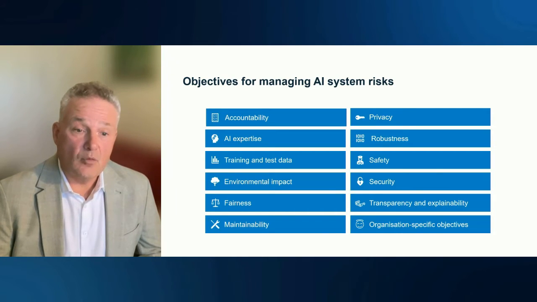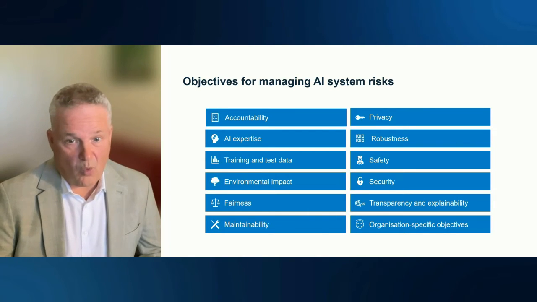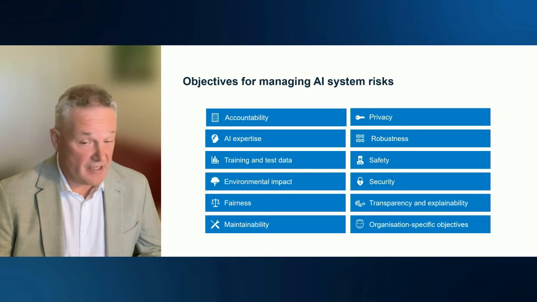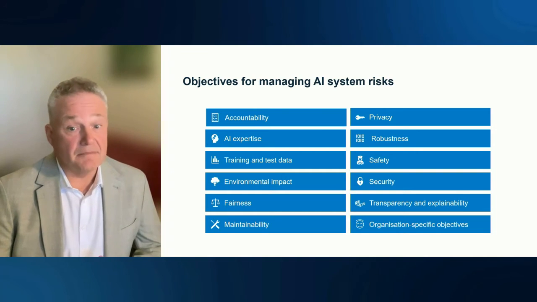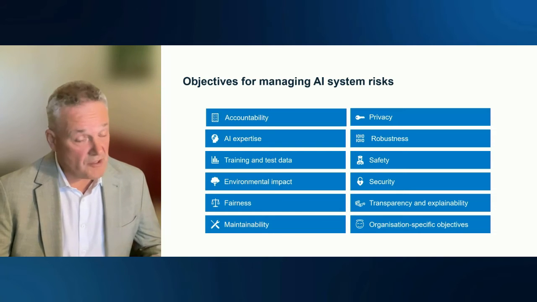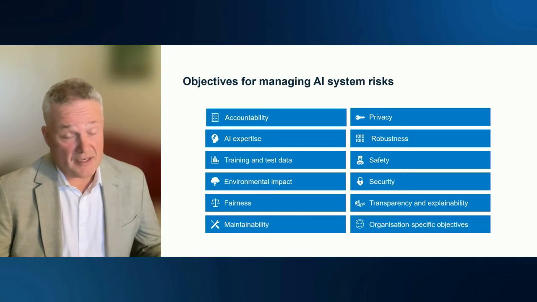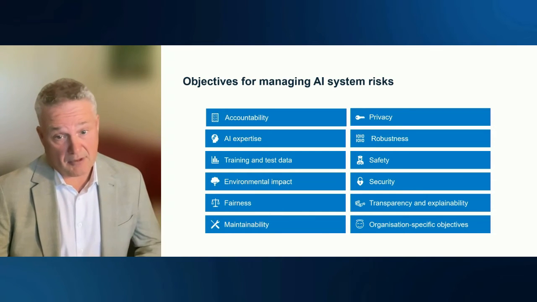Now, what you won't find in this annex is a quick AI risk checklist or an AI objective checklist. That's for two reasons. First of all, the roles that we discussed earlier create a very, very broad set of possible risks and possible objectives.